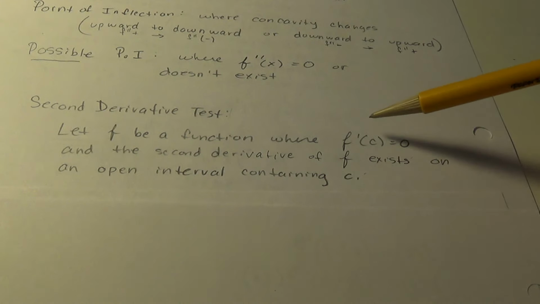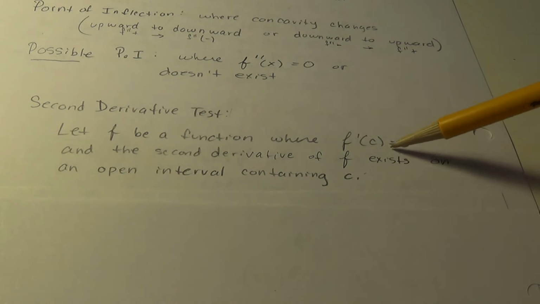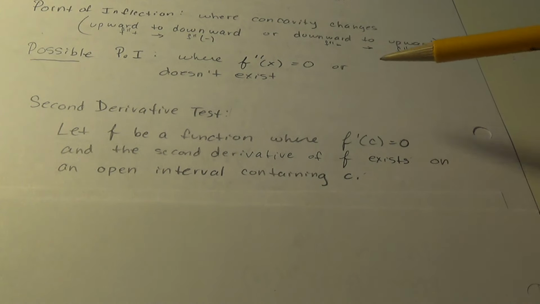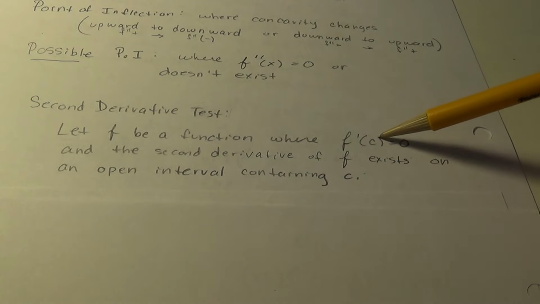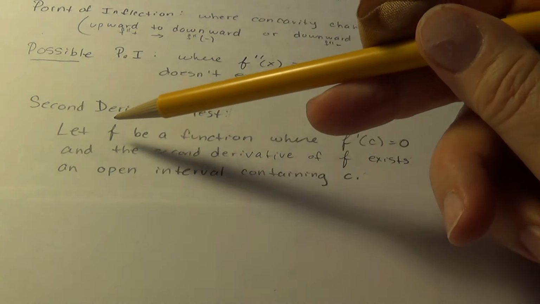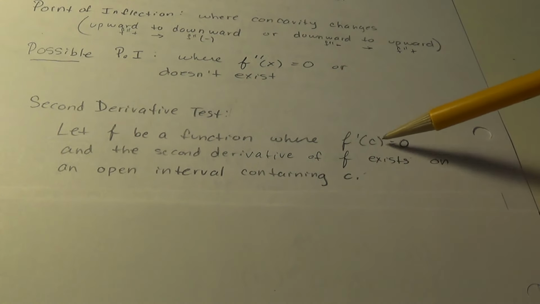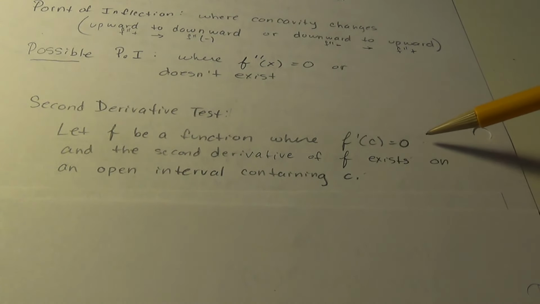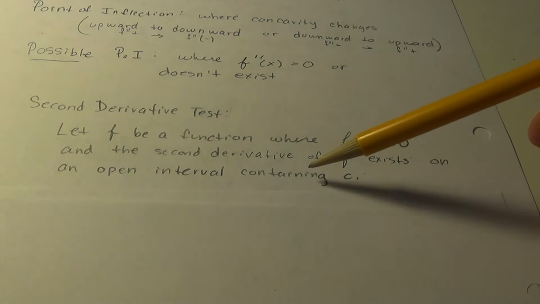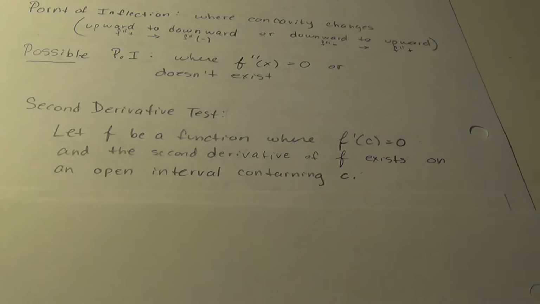So notice we don't have the discussion about where the first derivative does not exist, because we need to use the second derivative. We can't find the second derivative if the first derivative doesn't exist. So we're limited to only using those spots where the first derivative is 0.